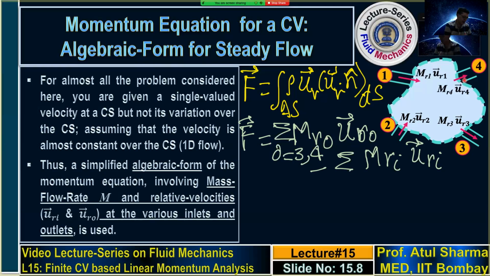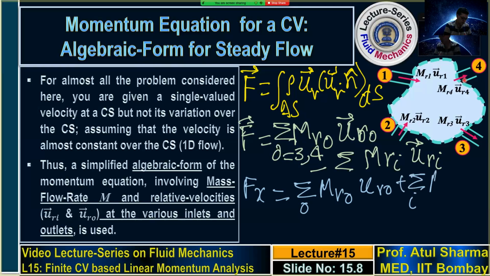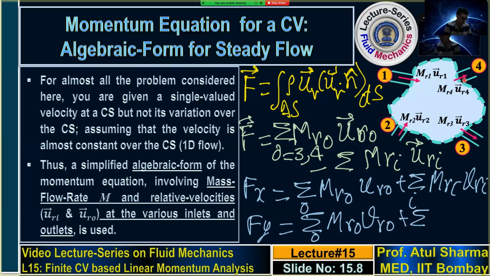So Fx and Fy are given here as, note that we are having for Fx the u velocity, and for Fy we are having the v velocity.